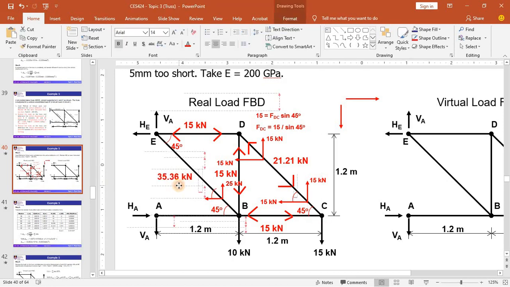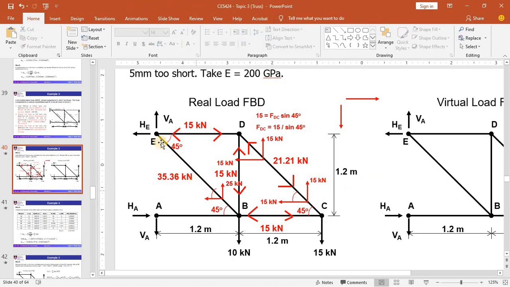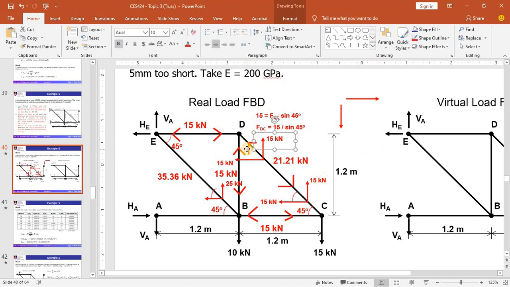Okay, so we have just solved for the internal force in member EB. The arrow at this joint shows it is in compression as well.